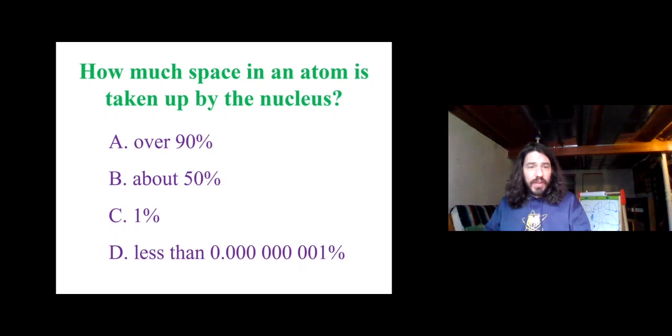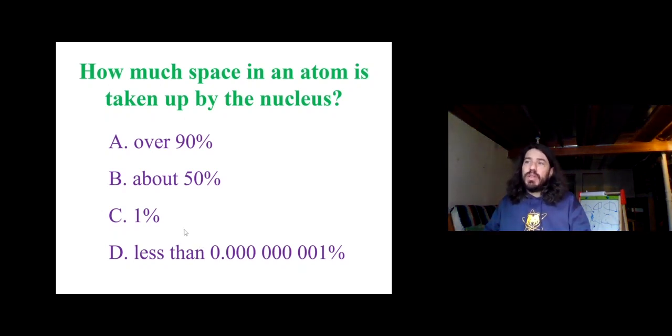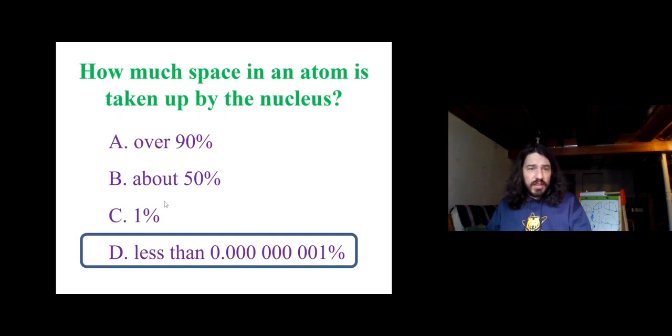Well, I find when I give this question in classes that most students pick this choice or this choice, because I think most people have learned that the nucleus is very small, so a lot of people pick this choice. But it turns out that that's still way overestimating the size of the nucleus.